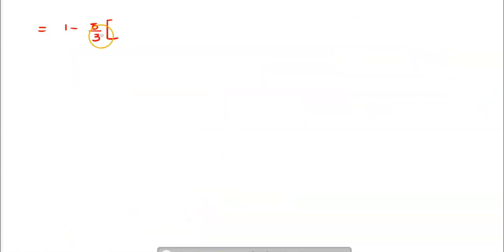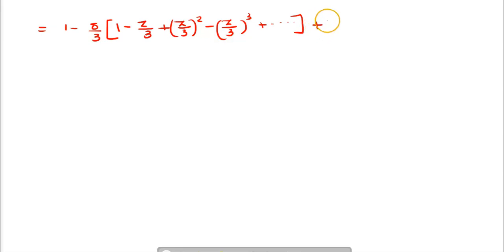So we can write that as minus 8 by 3 into 1 minus, instead of z we have z by 3, plus z by 3 square minus z by 3 cube plus etc. First term. Next term plus 3 by z into 1 minus 2 by z plus 2 by z all square minus 2 by z all cube plus etc.